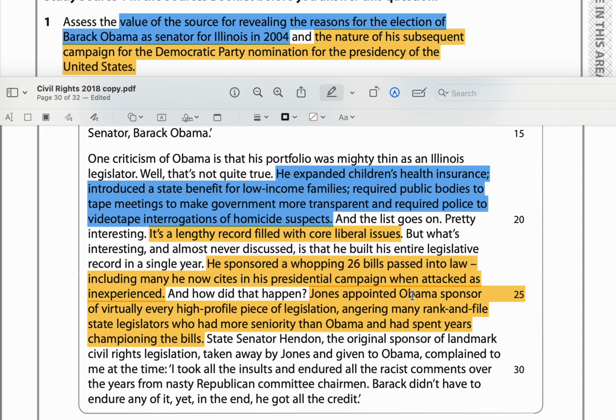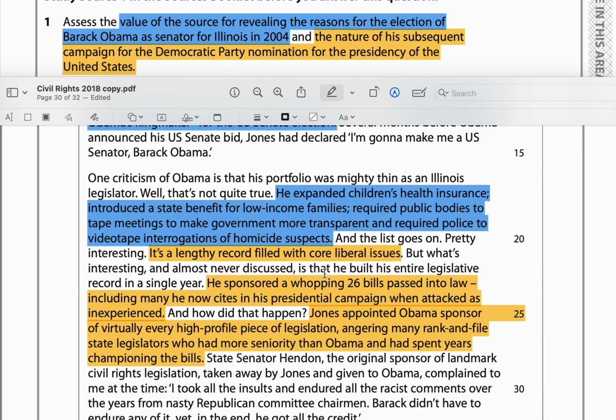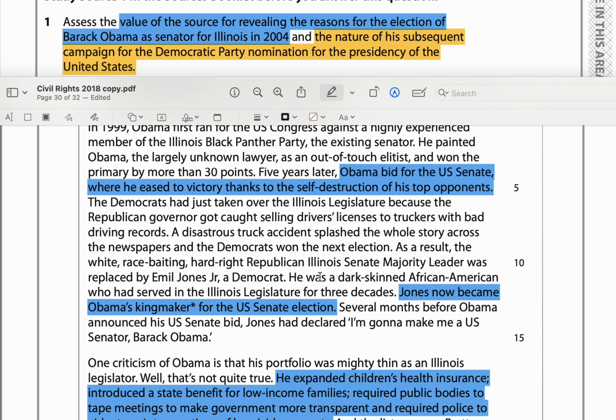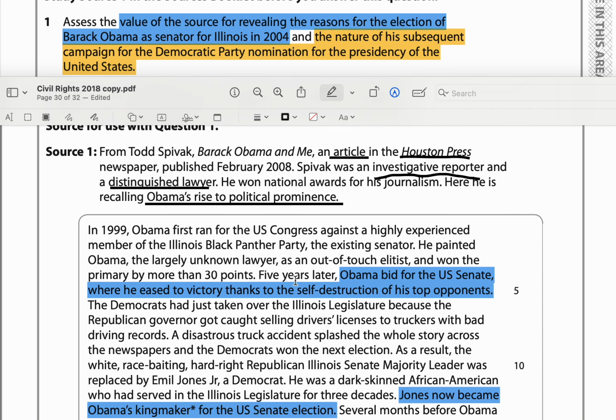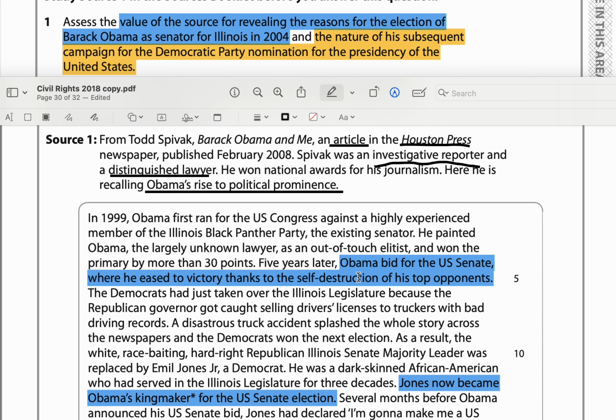So they are the kind of points that I'd pick out to make inferences from. And in terms of provenance, I think we'd go back to the idea that the purpose of this, now we've read through it, really seems to be focusing on the external reasons for Obama's success rather than focusing on Obama himself, and Obama's own traits, like his public speaking.